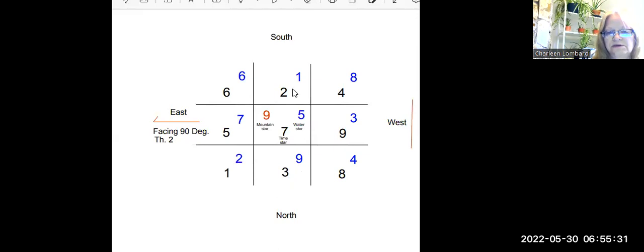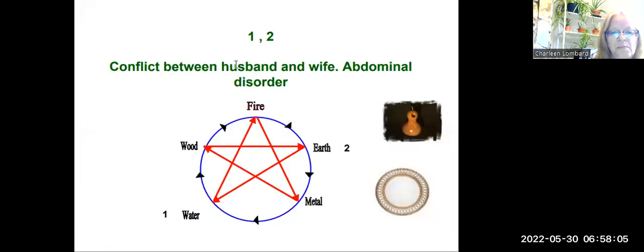Okay, so now you see that for example, we're going to do the number 1 and the number 2, and we have a number 1 and a number 2 in this area. Okay, so let's focus on those two for now. If we have a 1 and a 2 combination in an area of the house, it can create conflict between husband and wife and abdominal disorders.